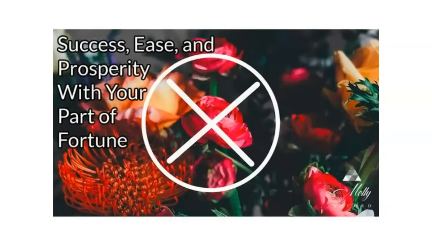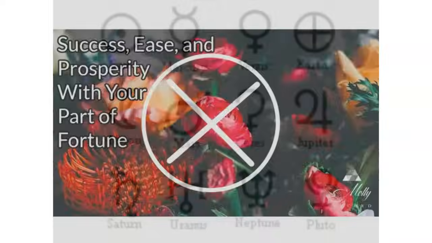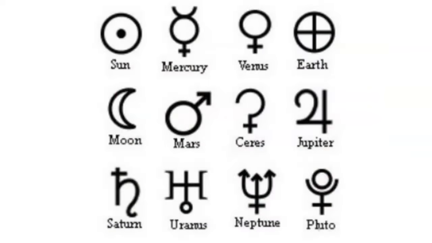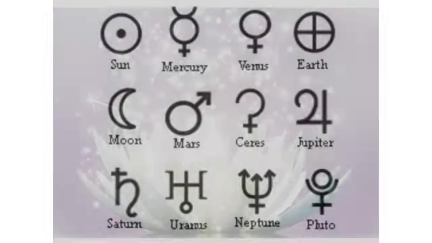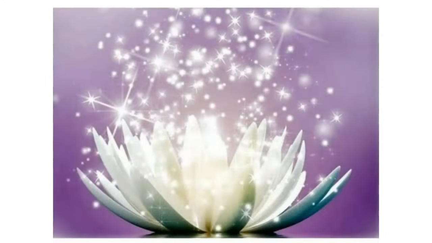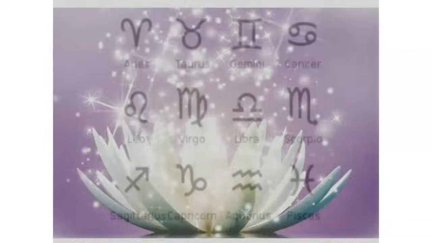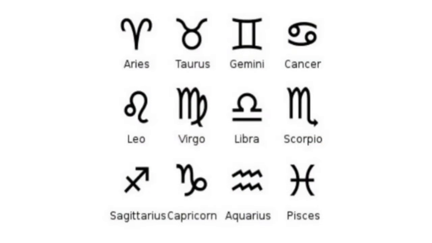Now, one of the reasons why I think the part of fortune is so wonderful to understand is because it's the calculation between your big three in your chart. Your big three being your sun, your moon, and your rising sign. And because it's an Arabic point, we use the calculation to determine where your part of fortune is.